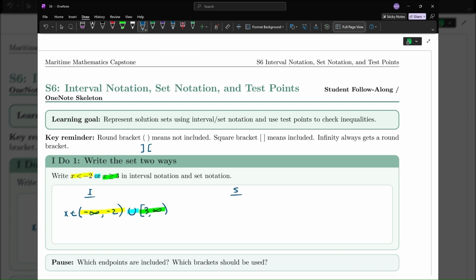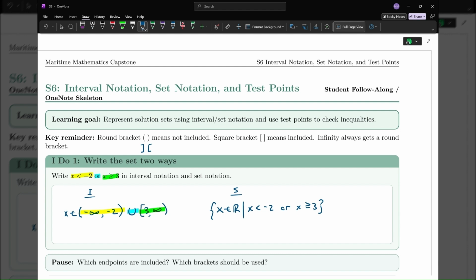In set notation, we're going to start with x is an element of. What type of number can x be? Here it's a real number, so x is an element of the reals. We put this in set brackets, and then add a vertical line, which means such that. So x is a real number such that, and then what are the rules on x? x is less than -2, or x is greater than or equal to 3.